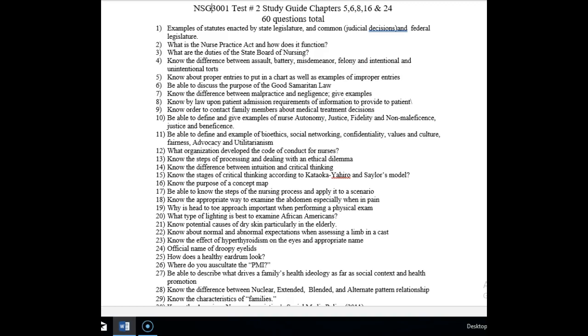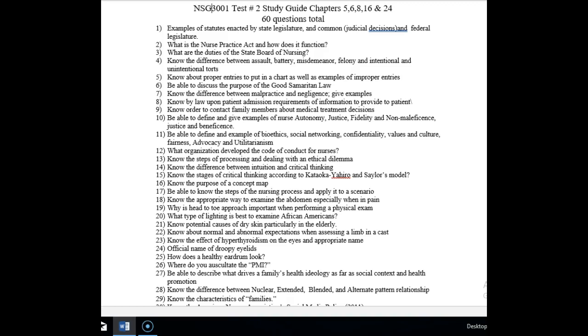You can reference a lot of these on pages 63 and 64, like the definitions of assault and whether something is an intentional or unintentional tort.